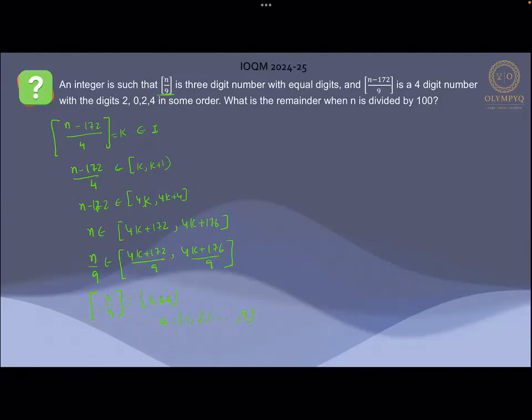So I can write that a lies in this interval, that is, (4k plus 172) by 9 is less than or equal to the number, which is less than (4k plus 176) by 9. This is for a belonging to 1, 2, 3 and so on till 9.